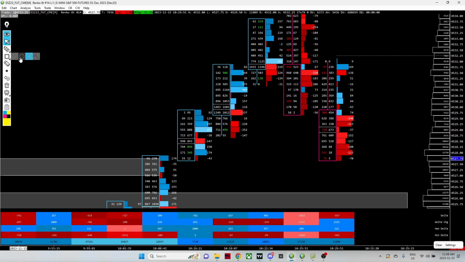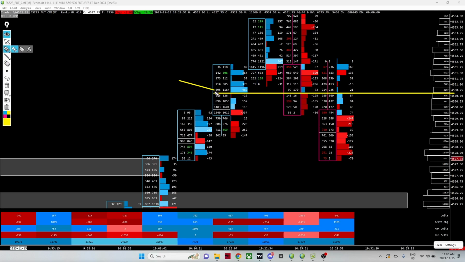Okay, let's go right here. We're going to pluck this print apart. This row right here, all the way back to 45, 30, 75, and I just want to look at this area. What does this 695 mean? What is it? They're transactions at what side of the book?